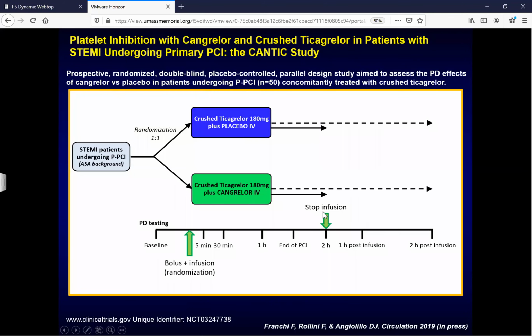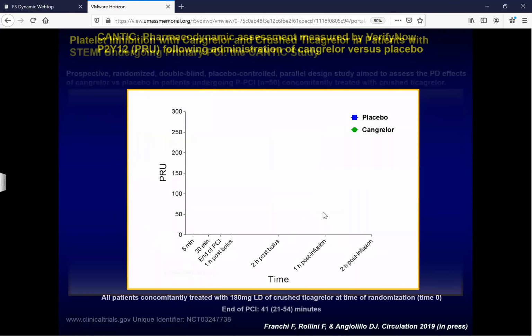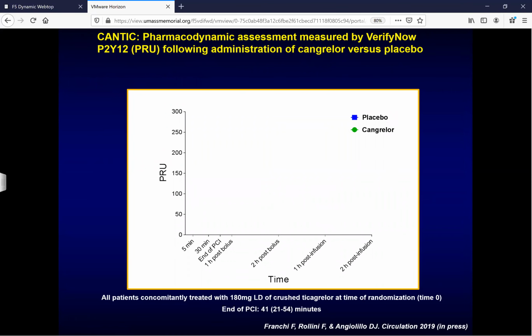They stopped the infusion at 2 hours because after 2 hours the Ticagrelor is working, and they found that the PRUs, which is platelet reactive units, this is placebo.